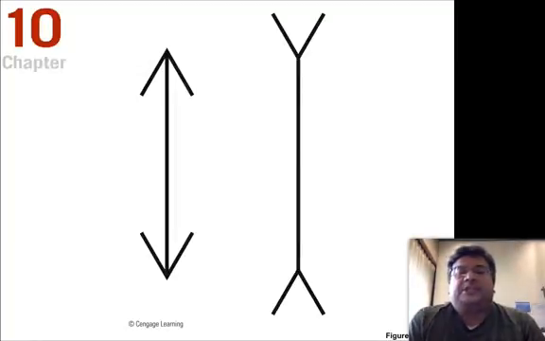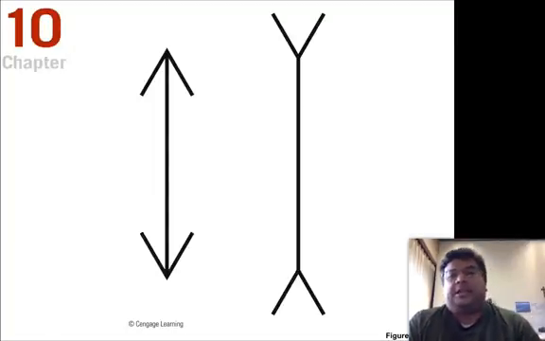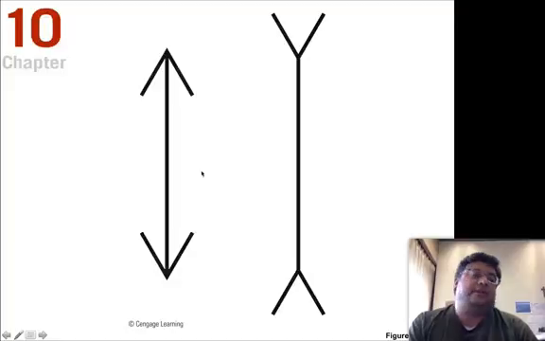So basically, the illusion is that the line that is on your right is actually longer than this line here, when in fact they're not. Actually, they're the same size.